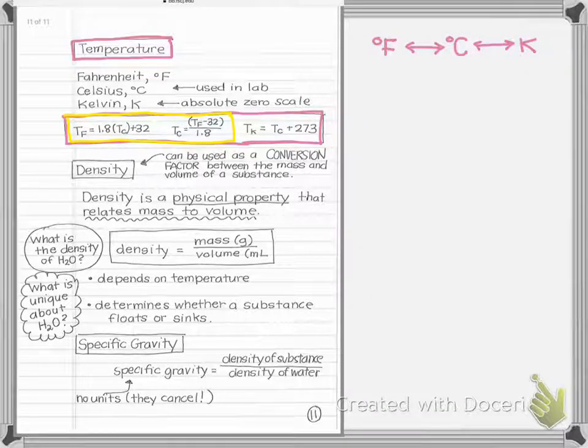You do not need to memorize these three equations. Let me even be more specific. You do not need to memorize any of the equations in this box. Those three equations to change between the different temperature scales will be given. You'll need to know how to plug it into your calculator, but the equations will be given.